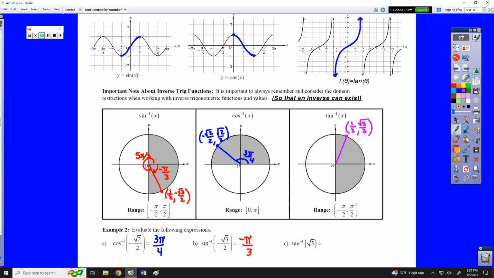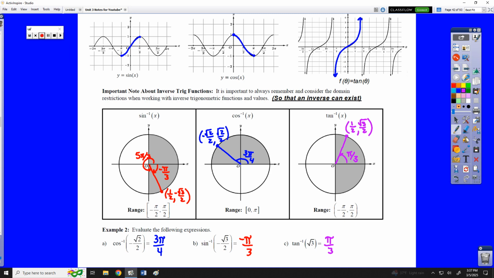That is your pi over 3 angle in quadrant 1. So again, when we say what angle has a tangent of the square root of 3 in that restricted range of negative pi over 2 to pi over 2, that is the angle pi over 3. So that would be our output there.